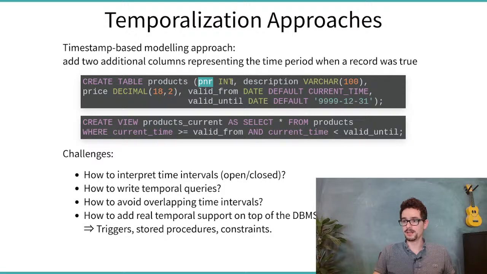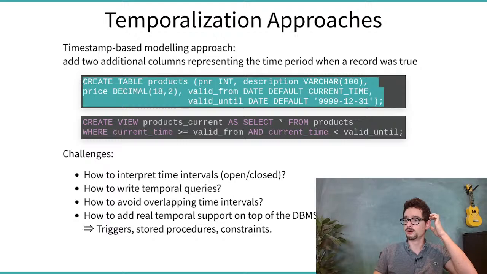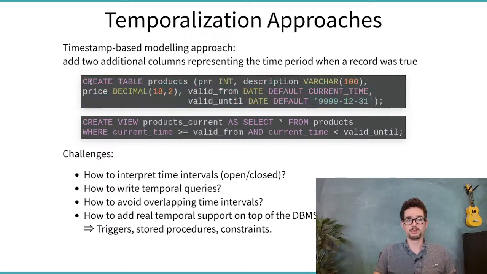What would be a valid primary key here? When you take a look at this table, write in the chat what would you choose as a primary key here. Product number is not a primary key anymore. Write in the chat. So one approach is not using a primary key at all. That always works, like I did here. But what would be a primary key here?